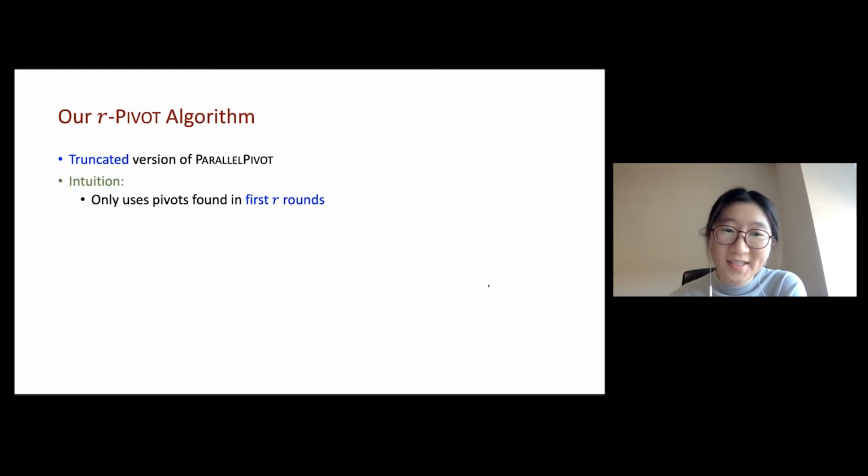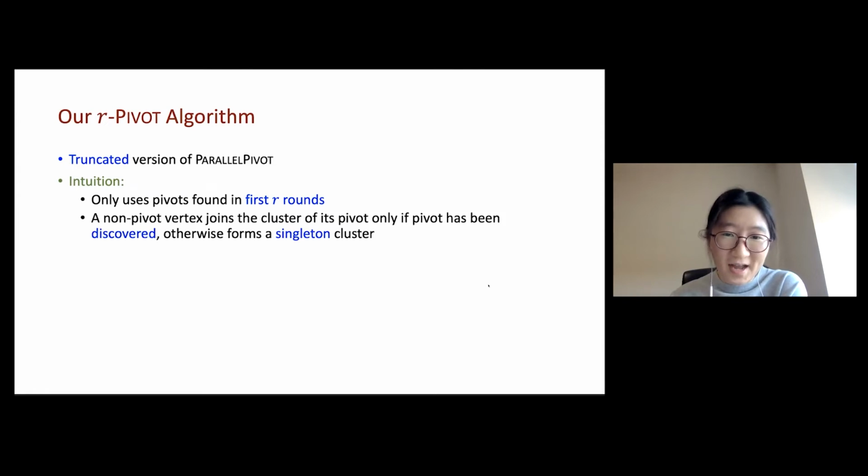The key intuition here is that we only run the parallel pivot algorithm for R rounds, and we will only use the pivots found in the first R rounds. And after that, each non-pivot vertex chooses to join the cluster of its pivot only if that pivot has been discovered within the first R rounds. Otherwise, it will form a singleton cluster.